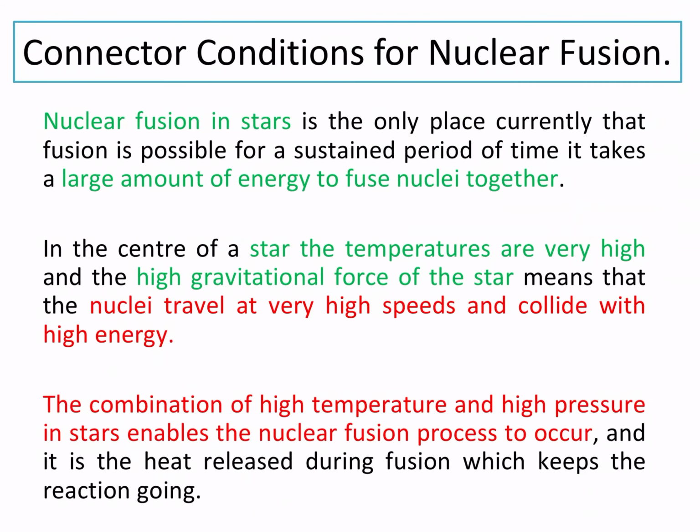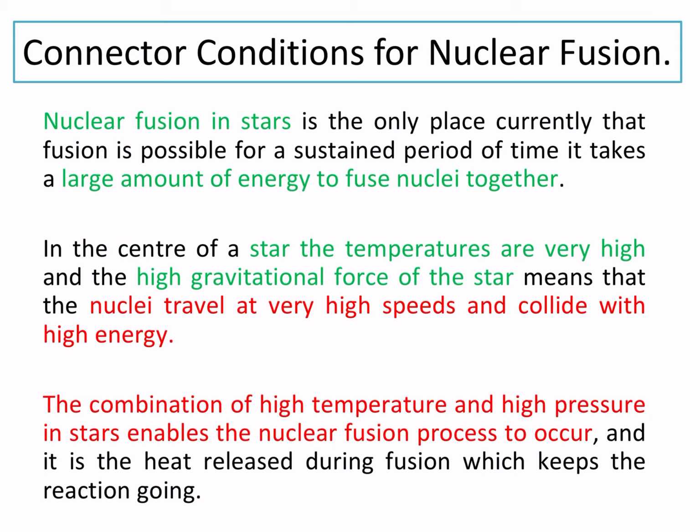So a little bit of info then. Most of this is probably quite necessary for you to kind of have in notes. So nuclear fusion in stars is the only place that fusion is possible for a sustained period of time because of the massive amount of energy needed to do this. So at the centre of the star, we're looking at stupidly high temperatures and a very, very high gravitational force.